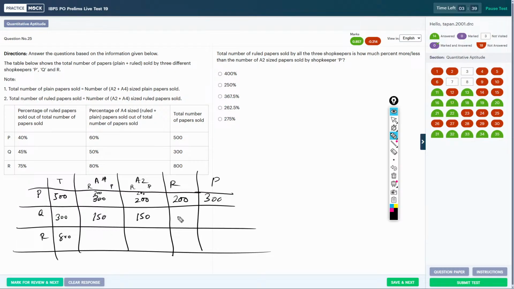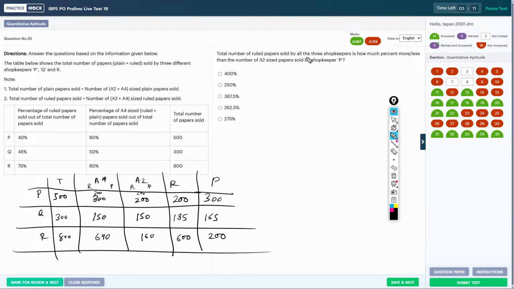50, 45, 45, 1, 3, 5, 1, 6, 5, 8, 80, 6, 40, 1, 6, 0, and 75, 600, and 200.